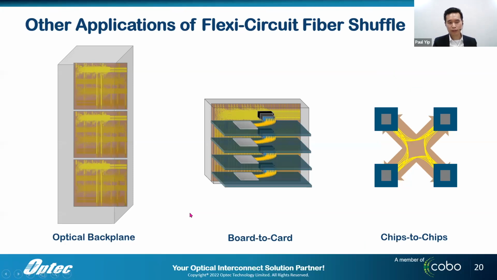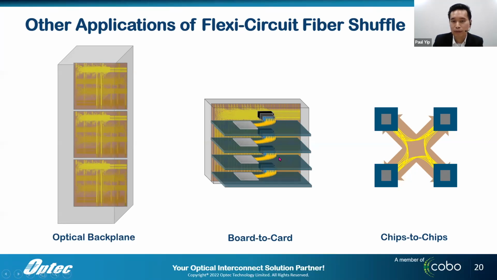Fiber shuffles can be used in a lot of other applications. These are just some examples, like an optical backplane. You can think of a rack holding a few thousand fibers, or card to backplane, where the fiber is on the card connected to the backplane.